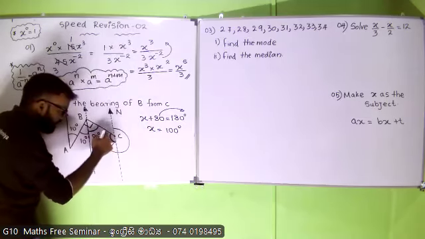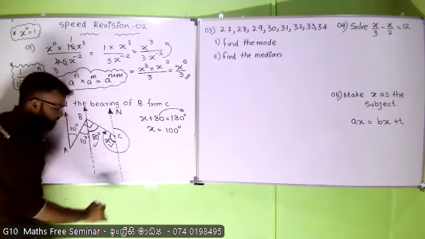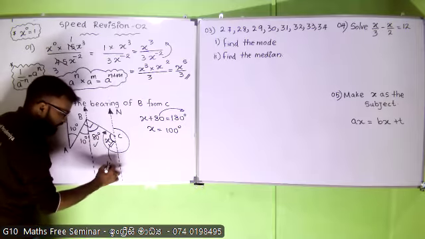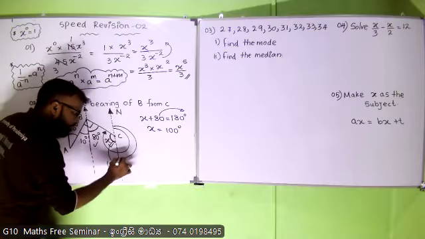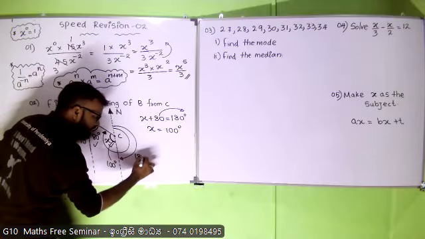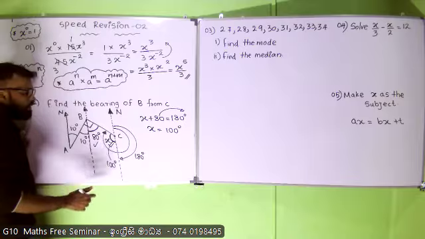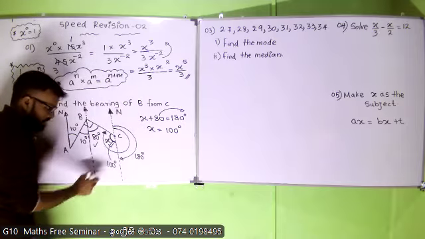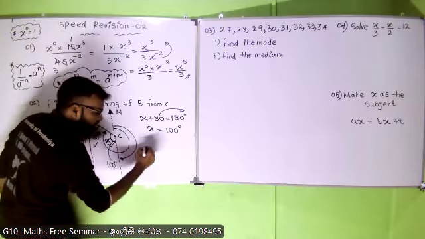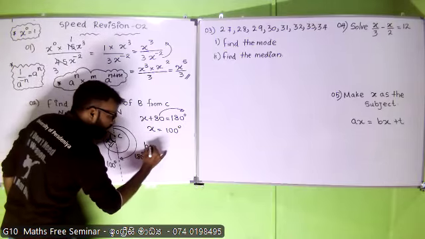So this angle is 100 degrees. So you already know this one is 180 degrees. So you can write down the bearing of B from C, because 180 plus 100.